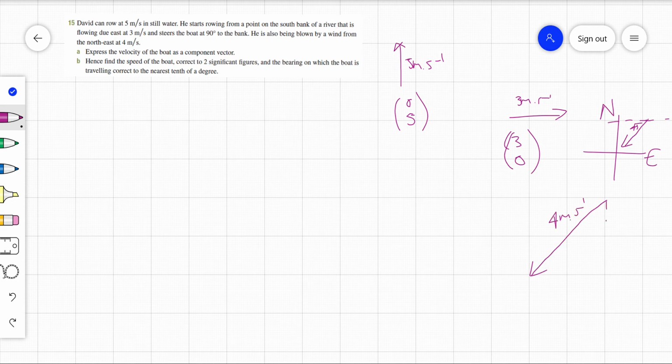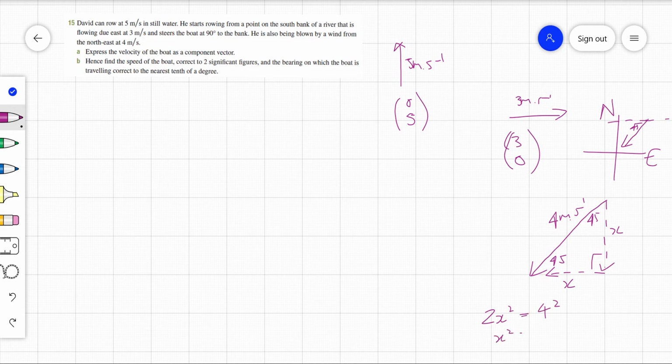So this is the only tricky one. We need the vertical and the horizontal values there. We do know that's 45, 45, so we know that these two sides, let's say x, are going to be the same. If we use Pythag, we've got x squared plus x squared, so 2x squared has to equal 4 squared.